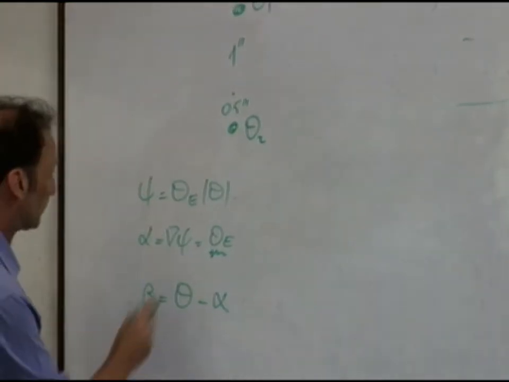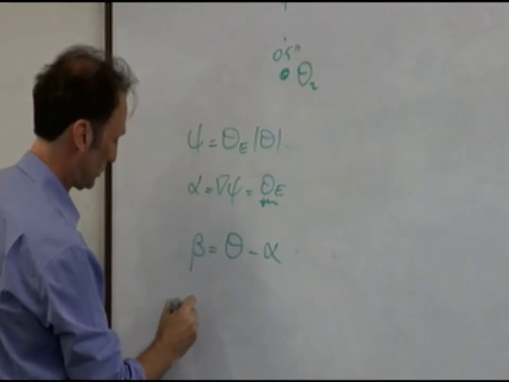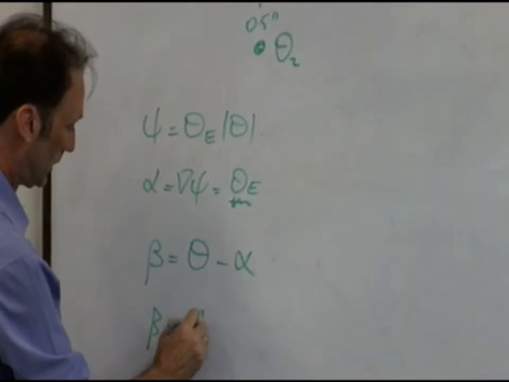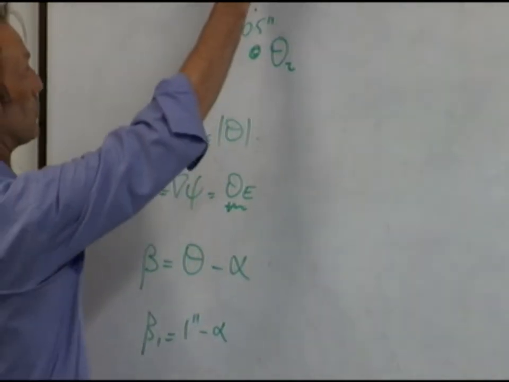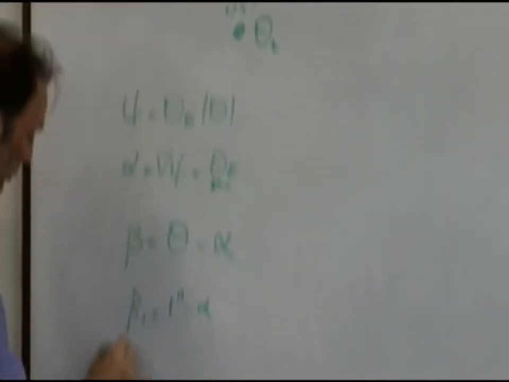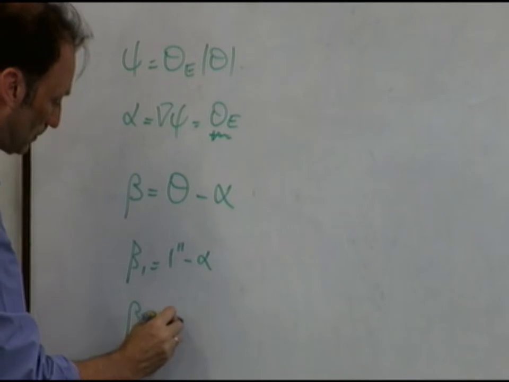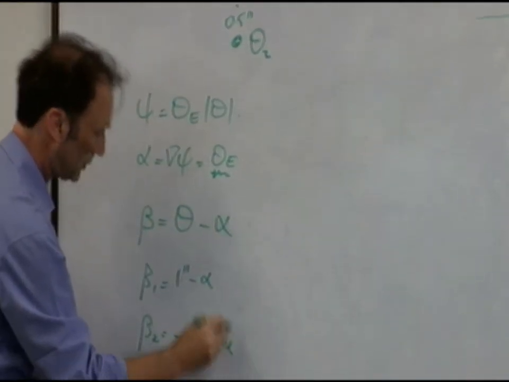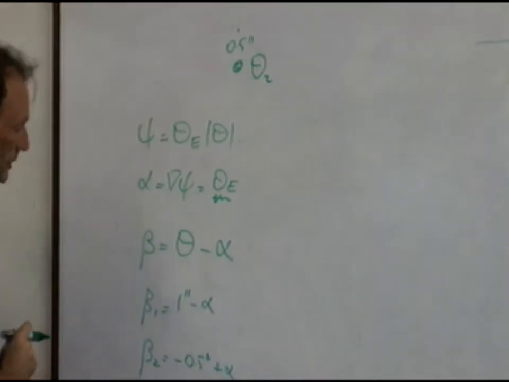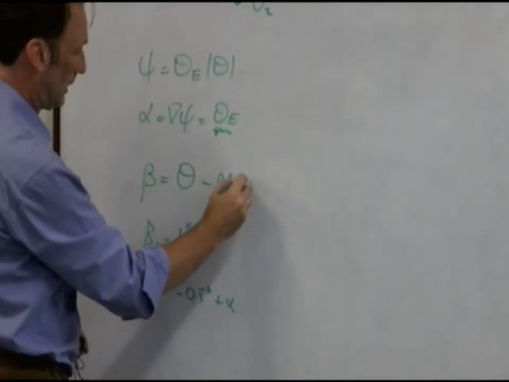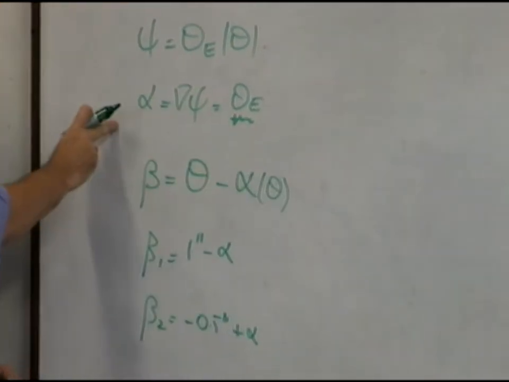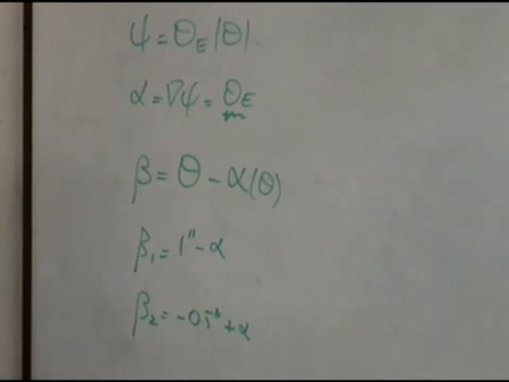And so that means we can put the 2 images into this lens equation, and we can get beta 1 equal to 1 arcsecond minus alpha. So that's this one here. And beta 2 is equal to minus a half arcsecond, this position here, plus alpha, bending in the other direction. And alpha is normally a function of theta, but in this case, alpha is always a constant because it's a singular isothermal lens.